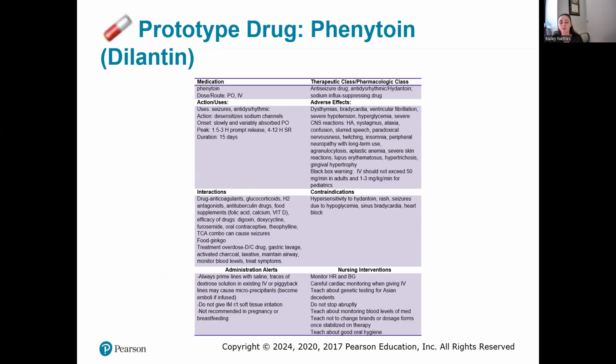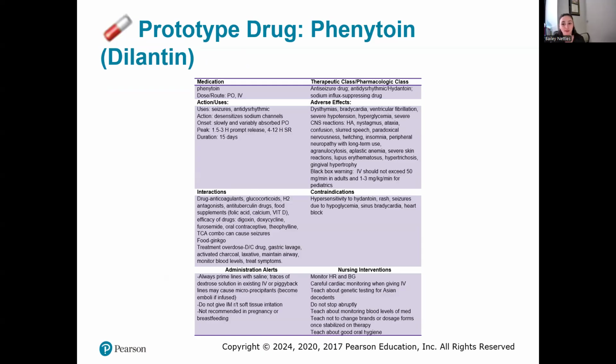Okay, so our side effects are dysrhythmias, bradycardia, VFib, which are all horrible. VFib is really, really bad. Usually you have to do CPR when you're in VFib. It's a very bad heart rhythm.